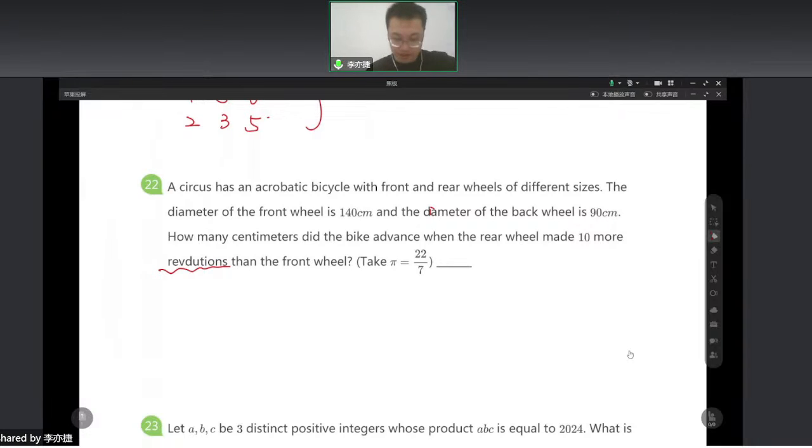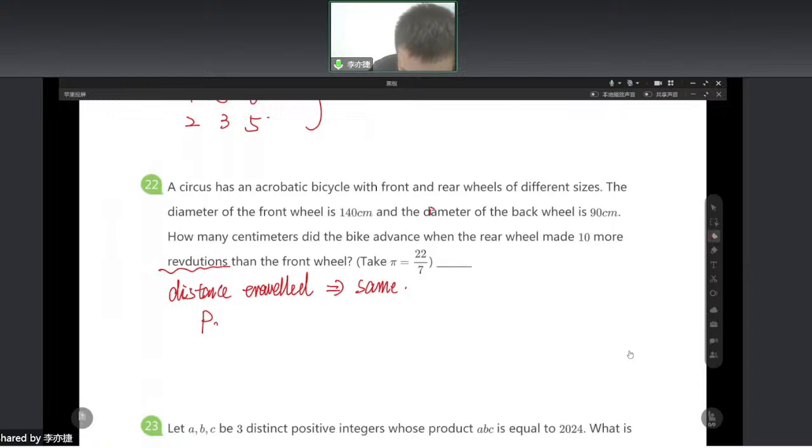So the key point for this is the distance traveled by both the front and rear is the same. Which means the ratio of the perimeter, the circumference of the front to the rear would be equal to the inverse ratio of the number of circles they rotate, right?